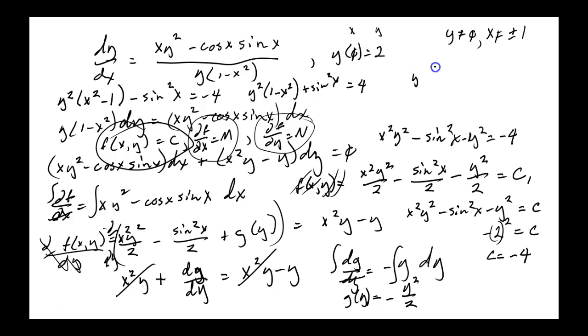Y squared times 1 minus x squared plus, what is sine squared in terms of cosine squared? 1 minus cosine squared x is equal to 4, right?